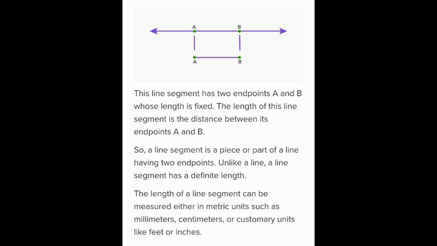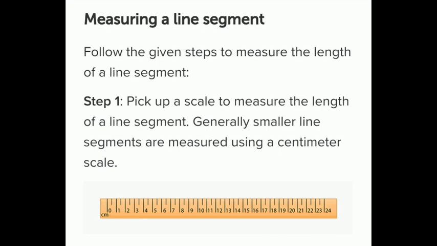The length of a line segment can be measured either in metric units such as millimeters, centimeters, or customary units like feet or inches. Measuring a line segment. Follow the given steps to measure the length of a line segment. Step 1. Pick up a scale to measure the length of a line segment.